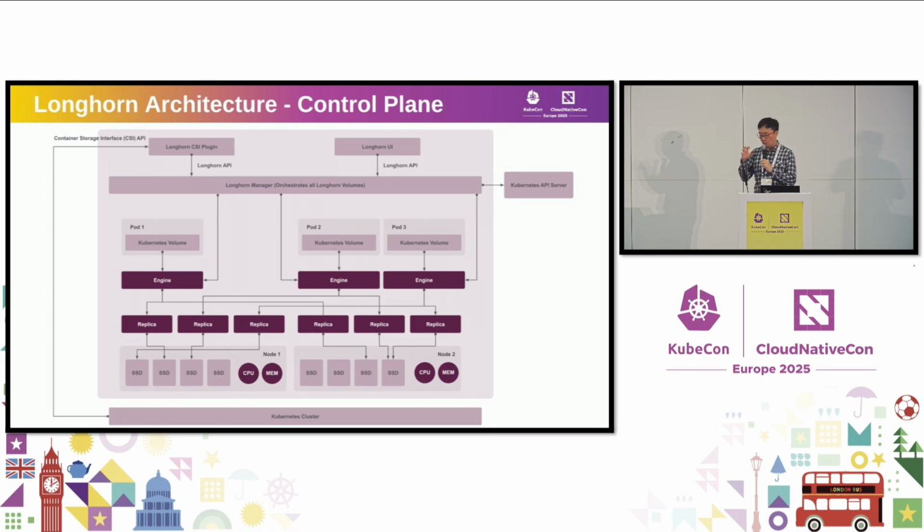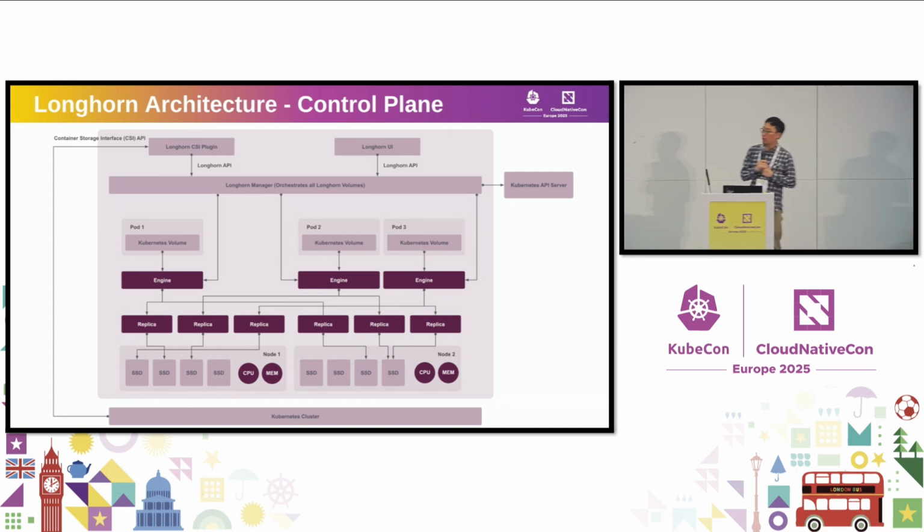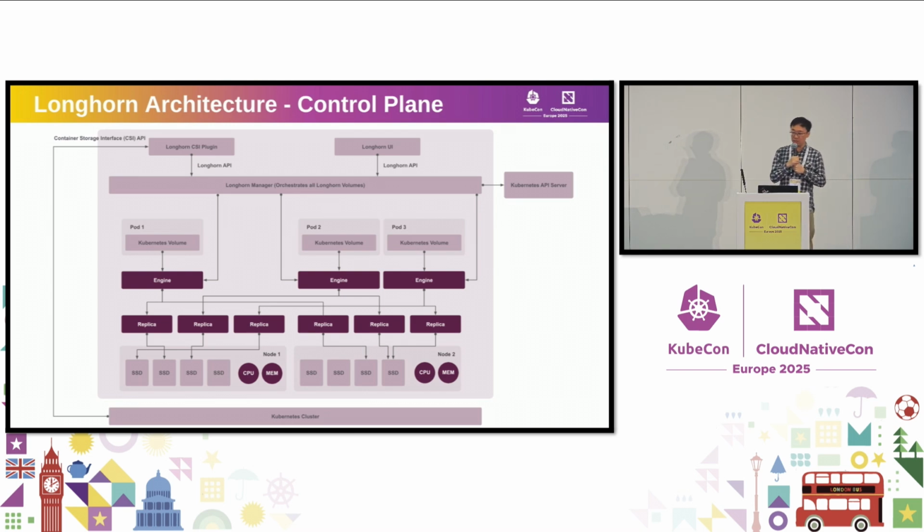The main core part is that we rely on Kubernetes custom resources and on the events of Kubernetes built-in resources to understand what's happening with the workload and their volume requests. And from the interface point of view, users can go with the Longhorn UI. When you install Longhorn, we will have the Longhorn UI for that. It's very simple and straightforward, but it's not quite fancy because it's an old framework.